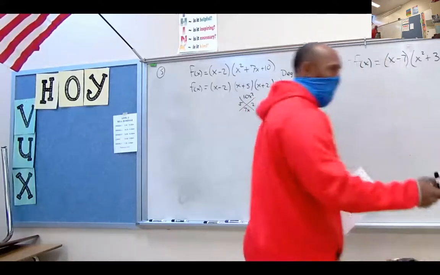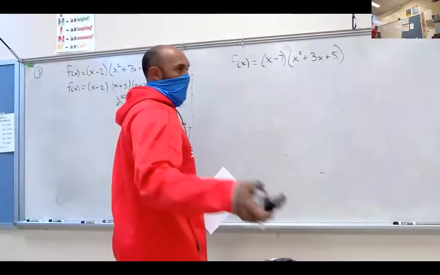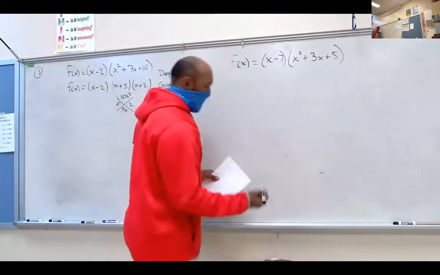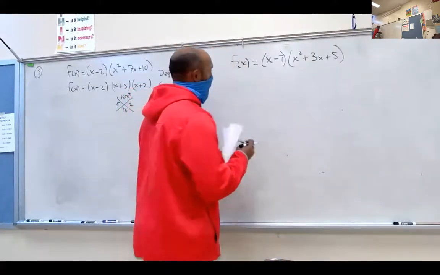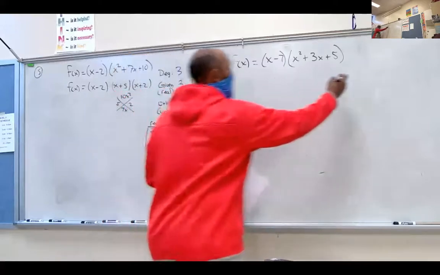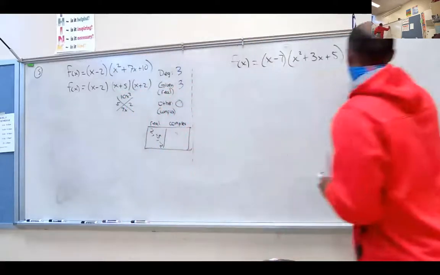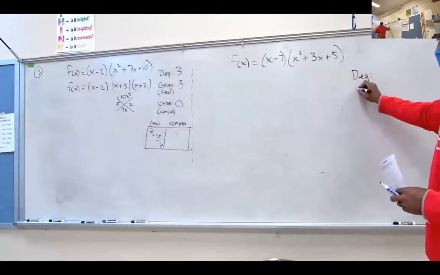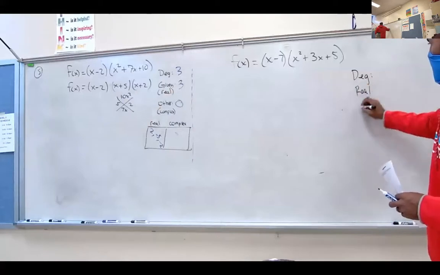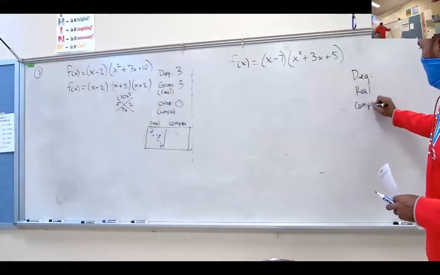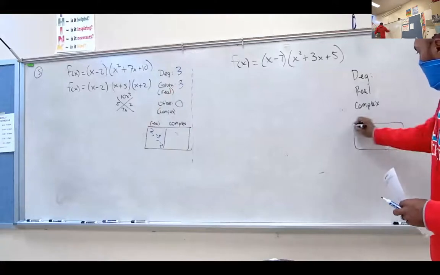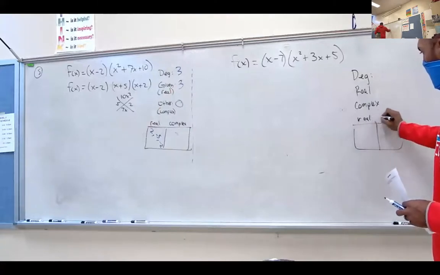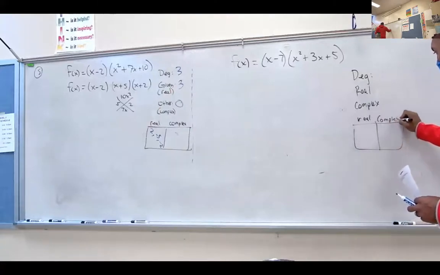So, first of all, degree. We'll answer real roots and then complex, and then we'll fill in how many real and complex we have.